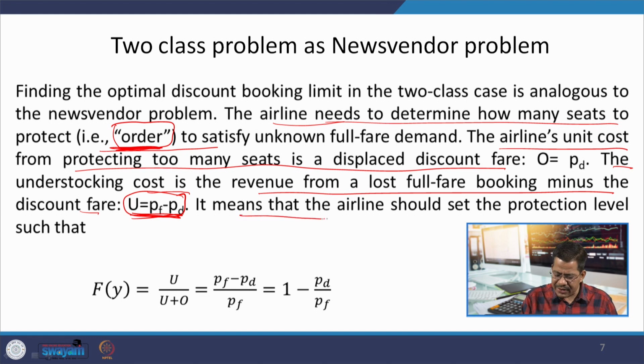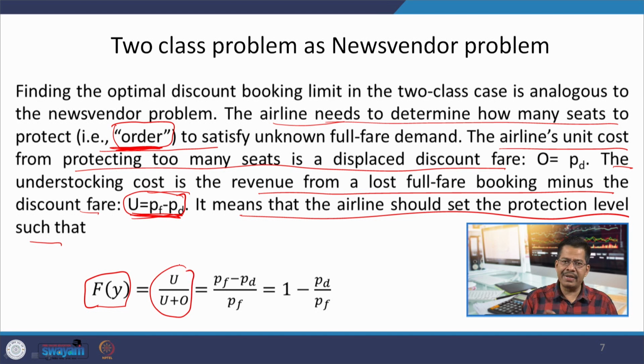So, in this way you can simply consider that production levels should be set using this simple formula, which we have already discussed in our classes. You can refer to those videos where we discuss this concept of the news vendor problem, and using the formula of that news vendor problem, U upon U plus O, that is cost of understocking upon cost of understocking plus cost of overstocking, that is our formula for deciding the protection level.